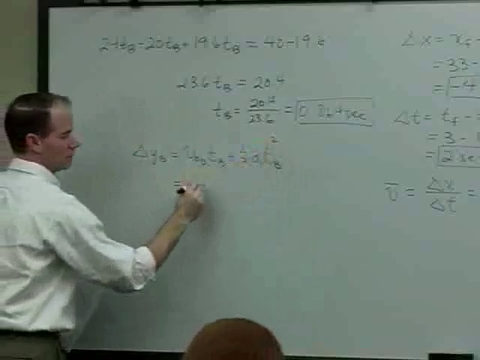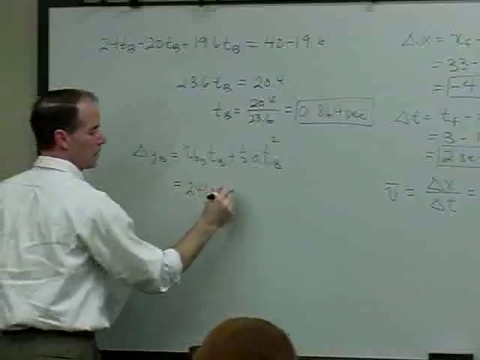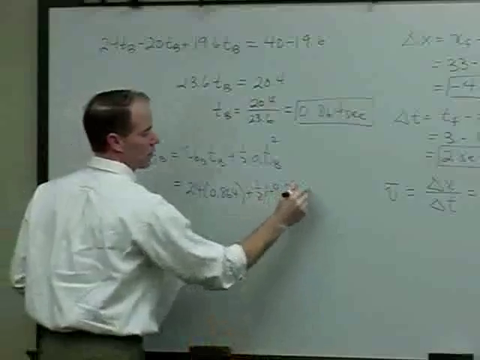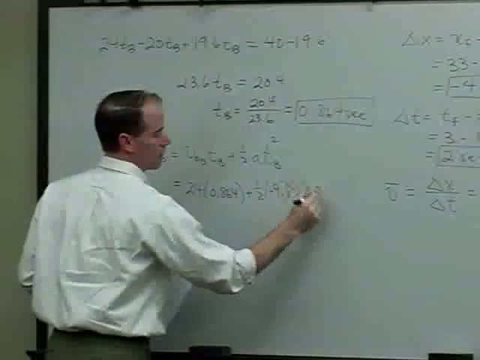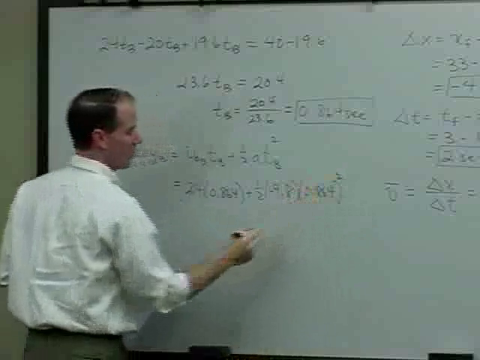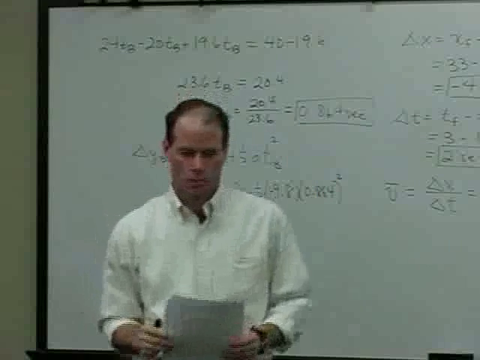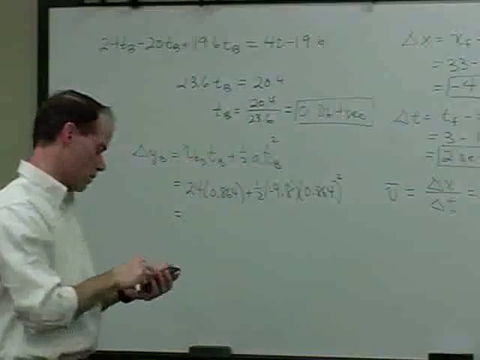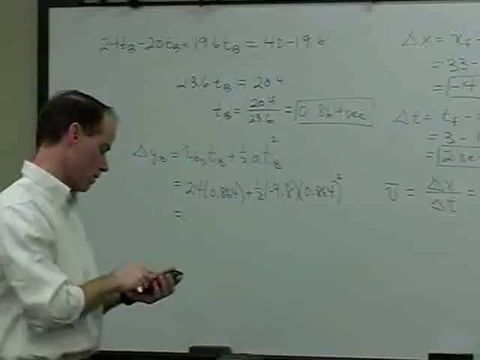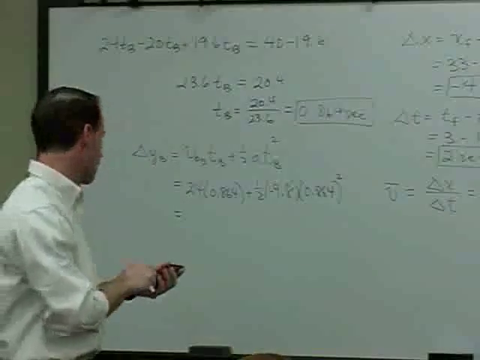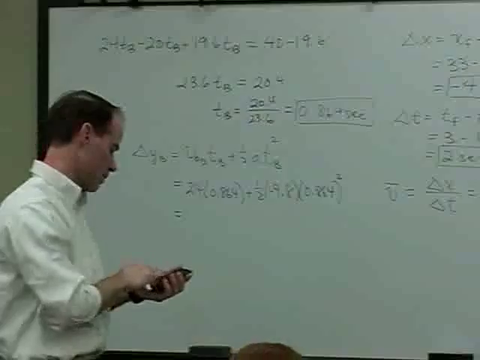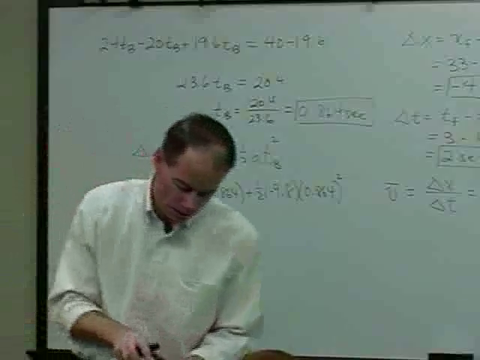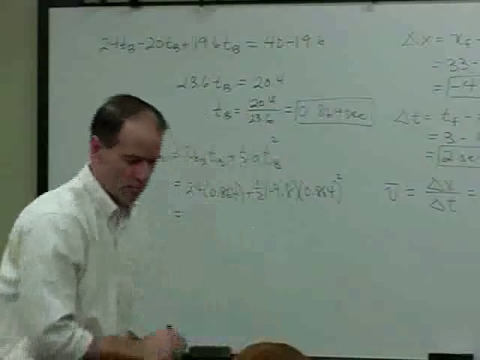There's 24 times 0.864 plus 1/2 times negative 9.8 times 0.864 squared. We get 17.07 meters.